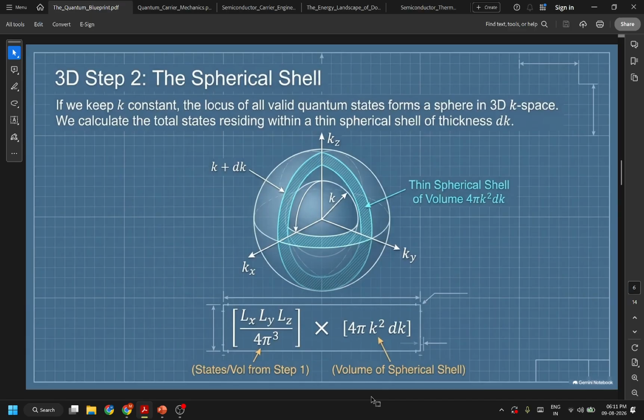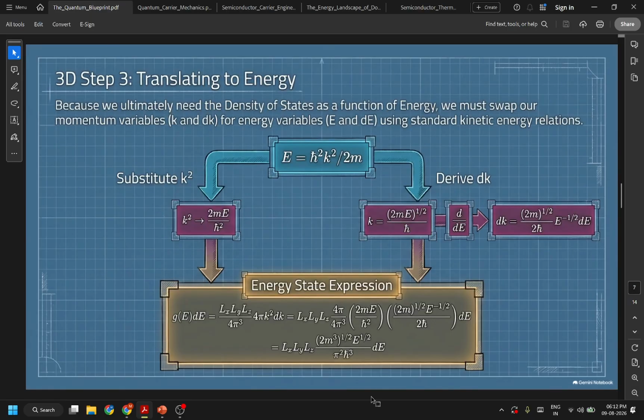So we calculate the total states residing within a thin spherical shell of thickness dk. The volume of the thin spherical shell will be 4 pi k squared dk, and we calculated the number of states per unit volume as Lx Ly Lz by 4 pi cubed. This will give us the number of states per unit dk.